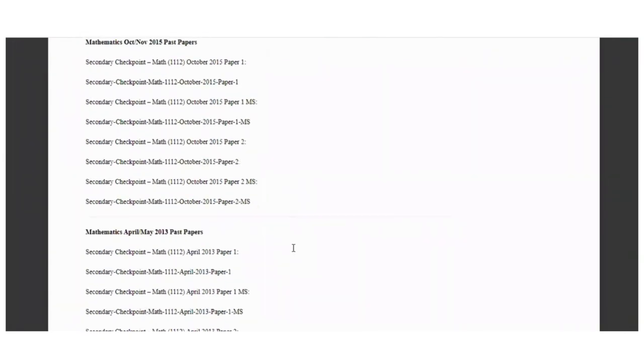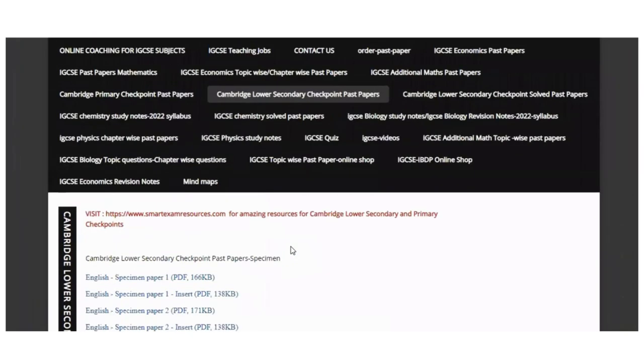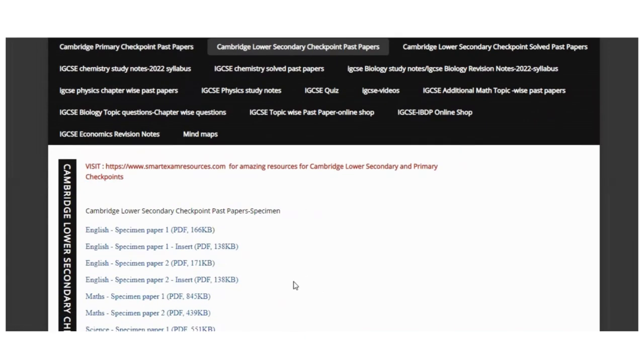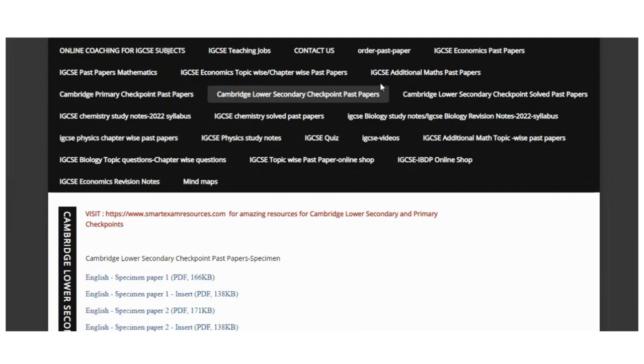So that means usually the paper happens at the same place and the same time for most of the subjects. There's no situation where one country does one paper and another country does another paper. Usually all the countries will be sitting the same paper, regardless of which part of the world you're in.